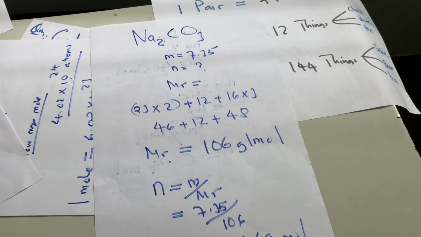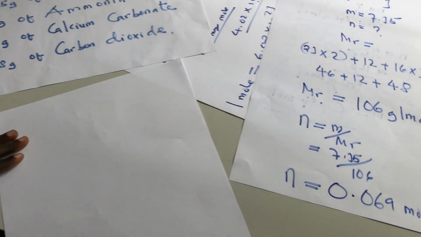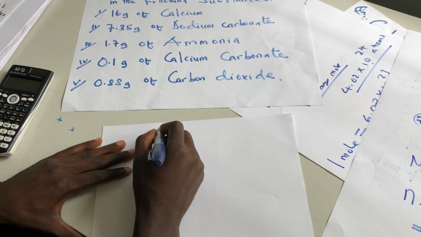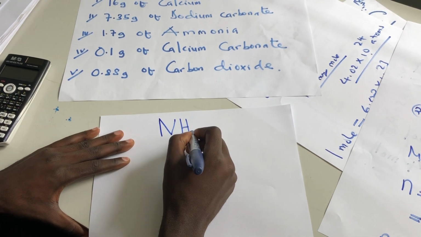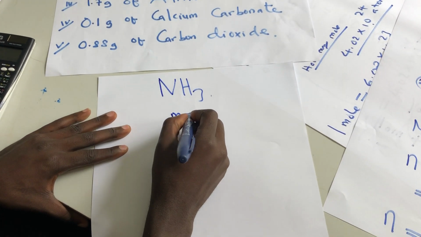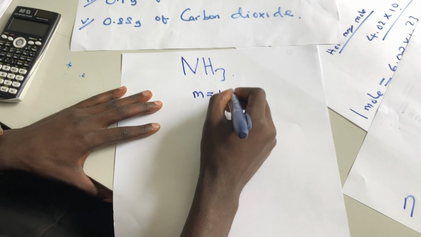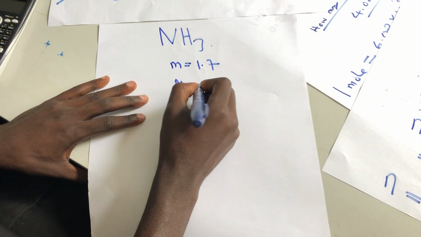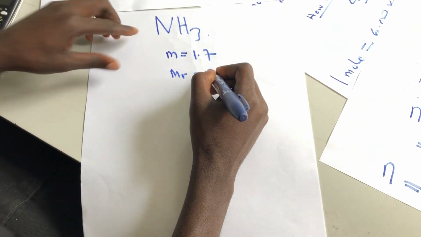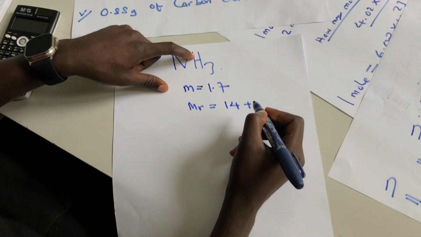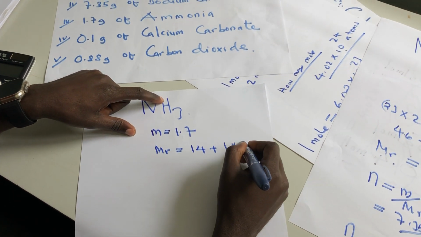Question number 3, find the number of moles of ammonia. So you have to write the structure of ammonia, which is NH3. But you have been given mass, which is 1.7, and the molar mass of this compound is obtained by taking the mass number for nitrogen, which is 14, plus hydrogen 1 times 3.